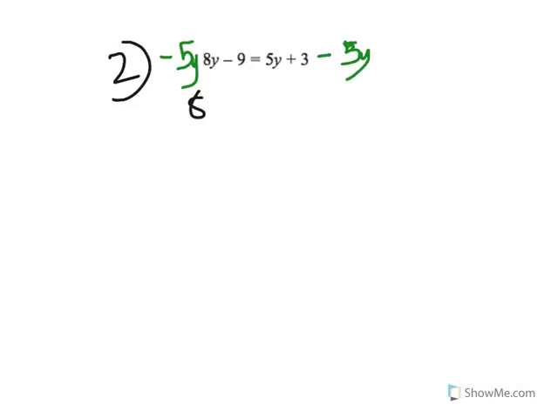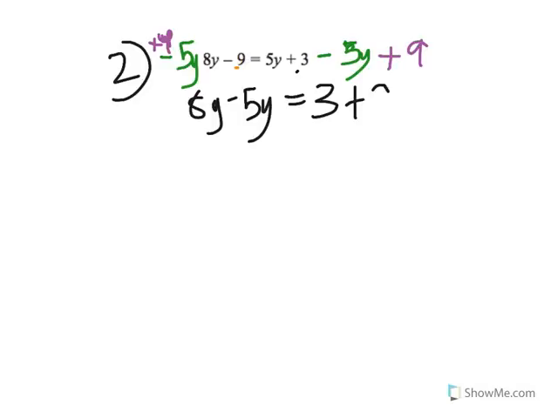So you're going to get 8y minus 5y. And to get this number on this side, we can add 9 on both sides. So we add 9 over here, and we add 9 over here. What we're going to get is 8y minus 5y is equal to 3 plus 9, because the 9s cancel, and the 5y and 5y cancel.